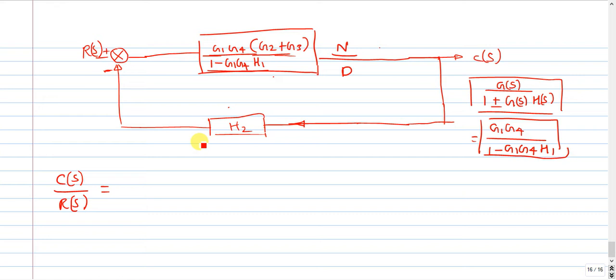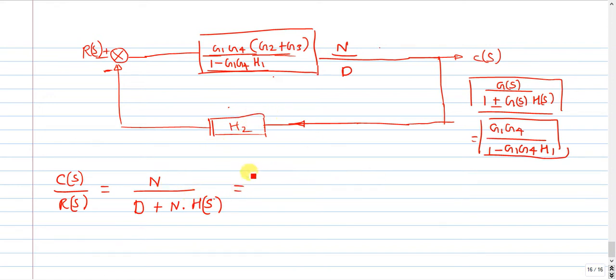So you need not take the final form directly; you substitute as numerator divided by denominator plus numerator multiplied by H2, whatever the block. You can write this complete block as H of S. Straight away if you substitute this, you will get the final answer.